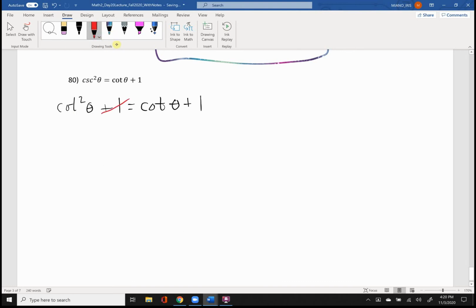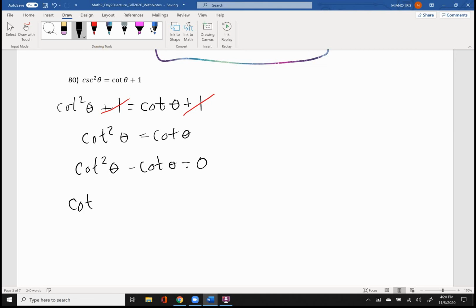So here we go. And so you'll notice that I'm doing kind of a similar thing with the gathering of terms and the factoring. So that'll be cotangent theta. I'm going to subtract cotangent theta from both sides. And factor, they share a cotangent, oh, hold on, get rid of that. Cotangent theta factor, so that'll be cotangent theta minus 1 equaling 0.